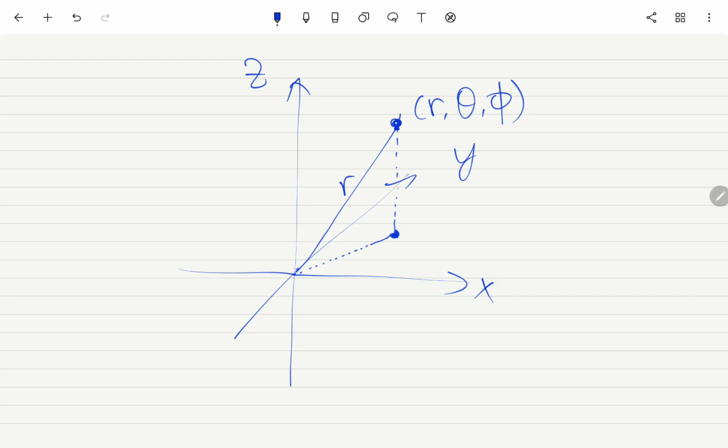Okay, and then this is r. The r is the distance of this point from the origin. So this is r, and this is theta.